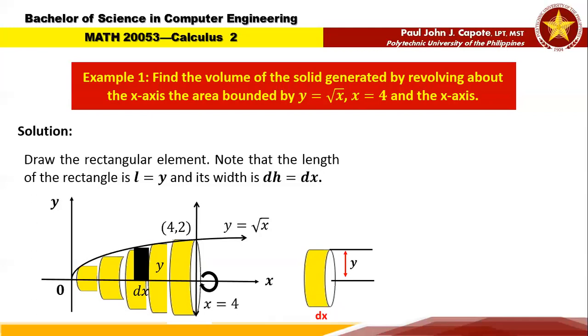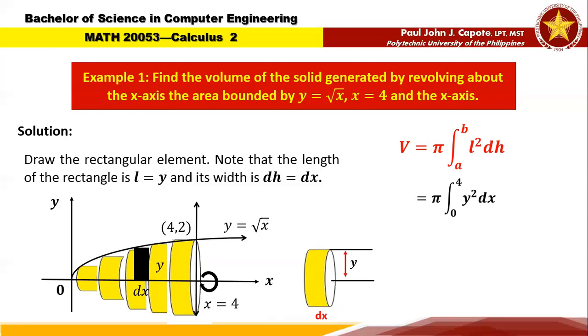Now, using the general formula where L equals y and dh equals dx, we have volume equal to pi times the definite integral of y squared dx from x equals 0 to x equals 4.